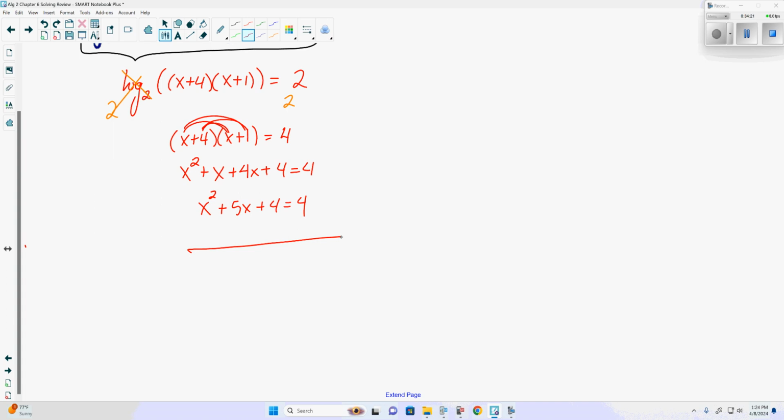Now at this point we need to get this equal to 0 because we have an x squared and x term. So we can subtract 4. So we have x squared plus 5x is equal to 0, because on the other side 4 minus 4 is 0. Well, we can graph it, we can factor it, we can quadratic formula it.